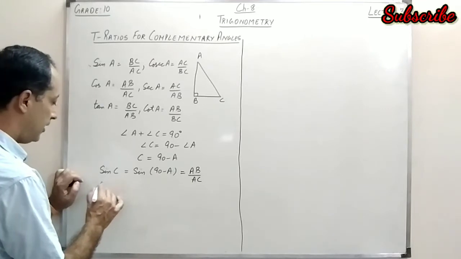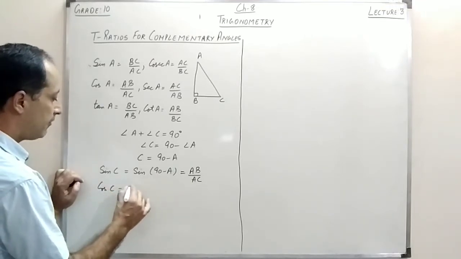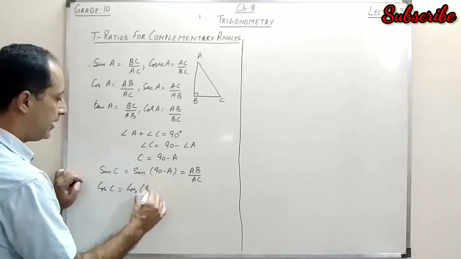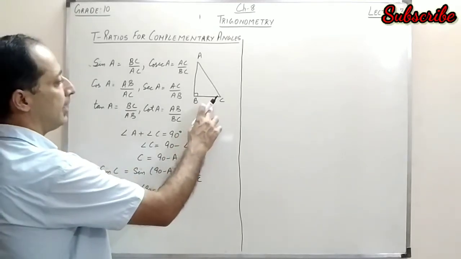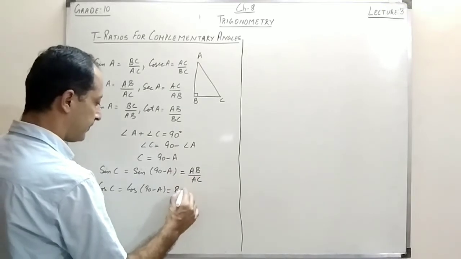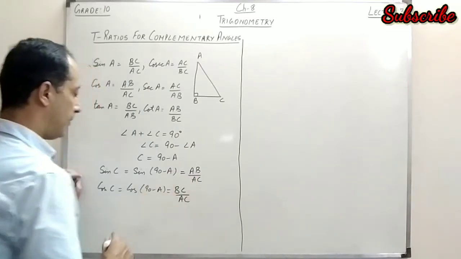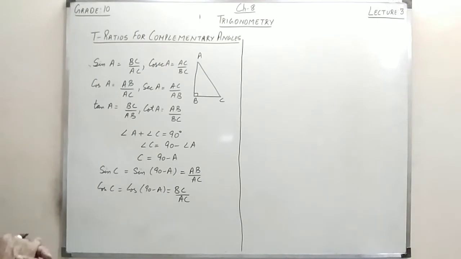Similarly, cos C will be equal to cos of 90 minus A, which is BC by AC. I am not writing the other ratios, those can be written also.